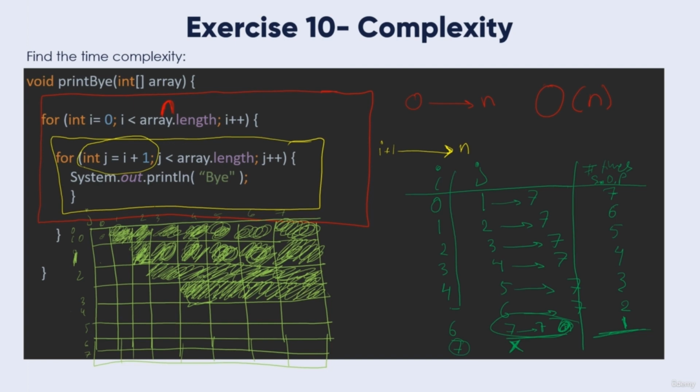When i equals 4, j starts from 5. When i equals 5, j is executed from 6 till 7. When i is equal to 6, j is executed only one time because j is equal to 7. When i equals 7, j is not executed at all.